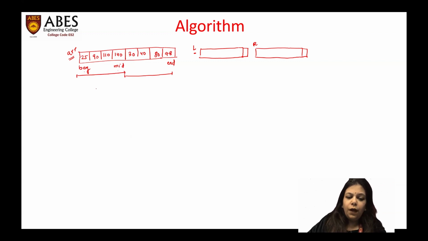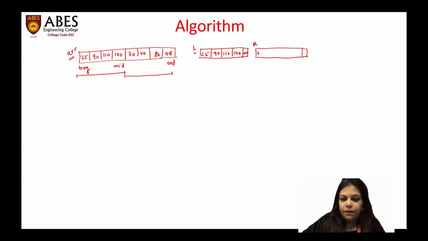And what we are going to do is store these values inside the left and right array. So suppose L will become 25, 90, 110 and 140 with infinity as the last element.